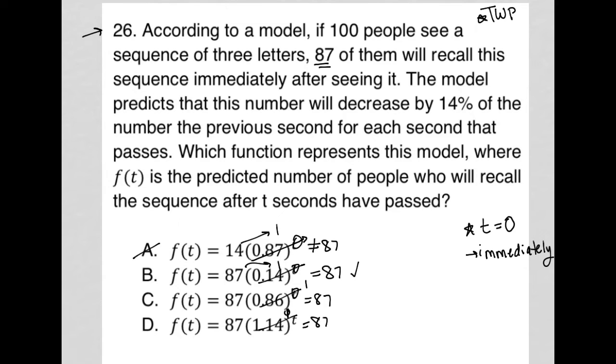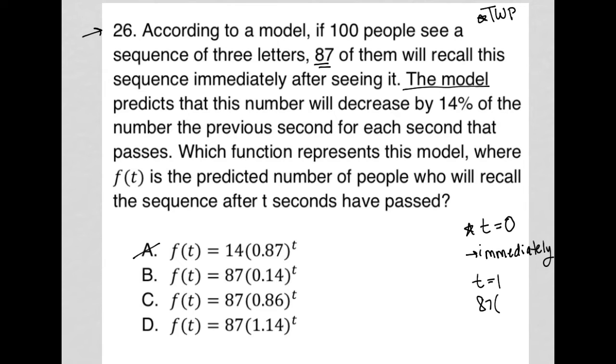All right, so we were only able to cross out one of our answer choices based upon that information. So only choice A we know for sure is gone. So what else were we told? The model predicts that this number will decrease by 14% of the number the previous second for each second that passes. So that means at t equals 1, we should be at 87 times, if I'm decreasing by 14%, that actually means that I am at 86% of my previous value.